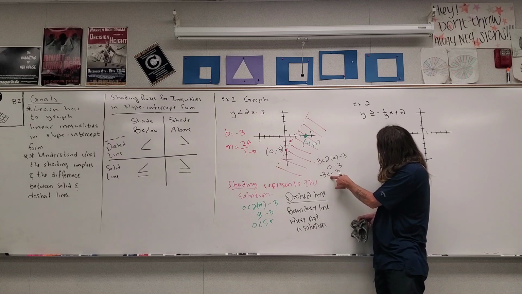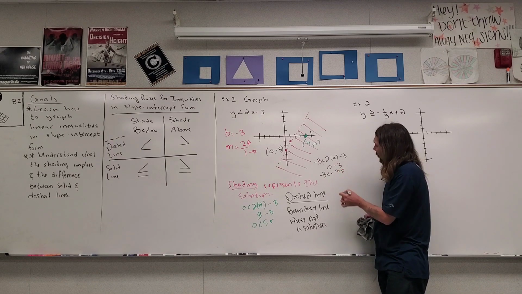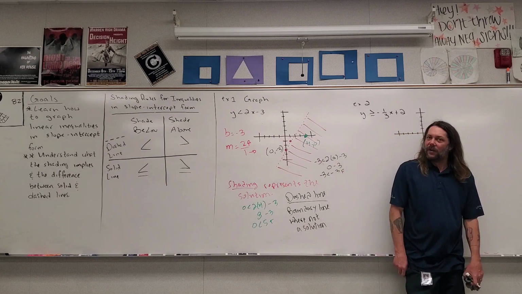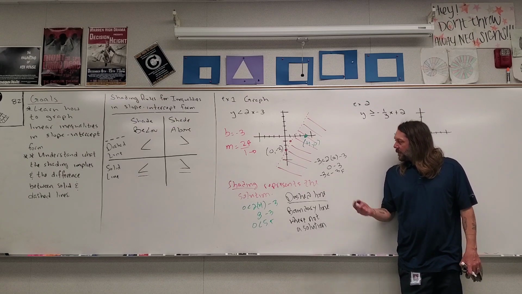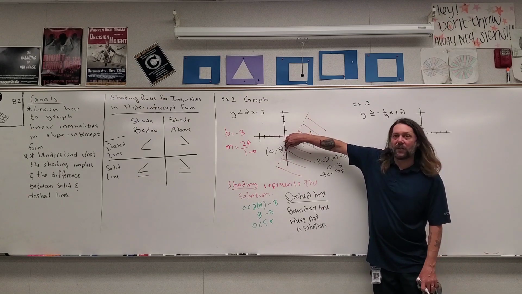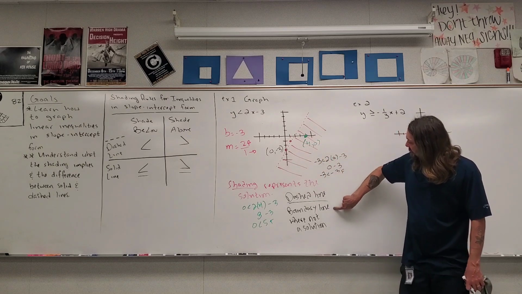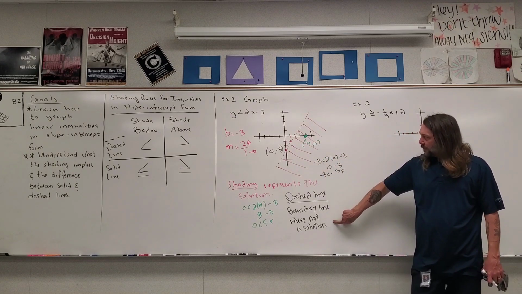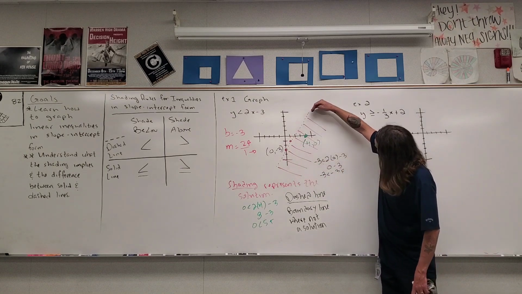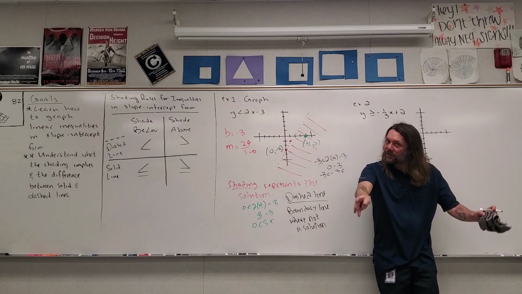Is -3 smaller than -3? No, that's false. It's not true. So -3 is not smaller than -3. And that point came from the boundary line. And so again, it's a boundary line where it's not a solution. So the shading is a solution, the boundary line is out of bounds. It's not part of the solution set.